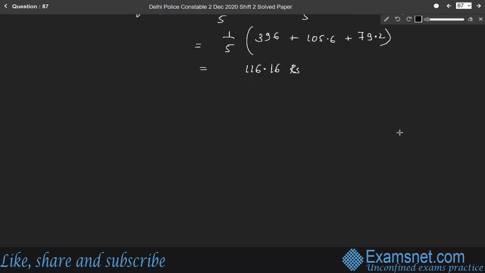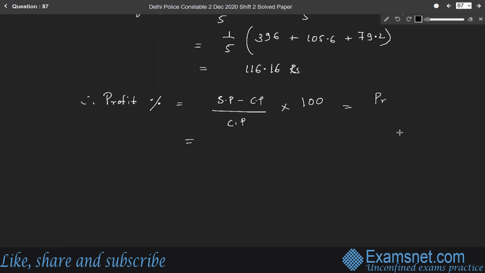Total selling price of goods is 116.16. Therefore, profit percentage is equal to selling price minus cost price, divided by cost price, into 100, by formula. Selling price minus cost price is the profit.